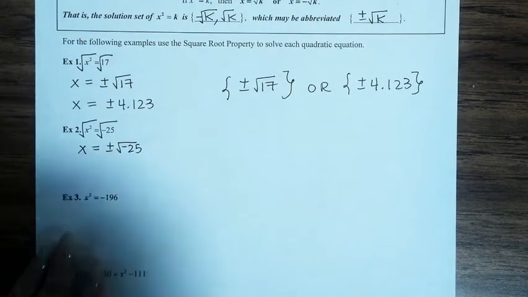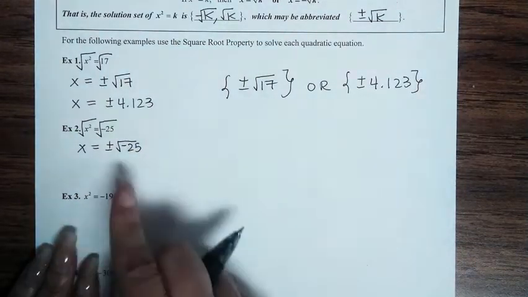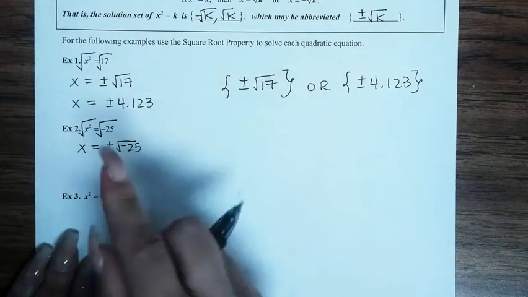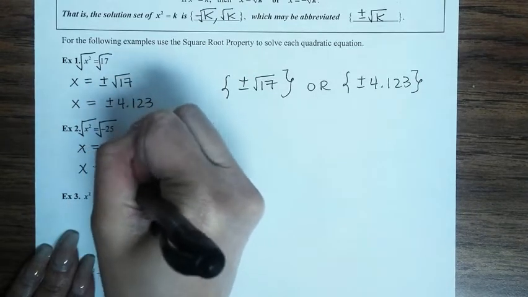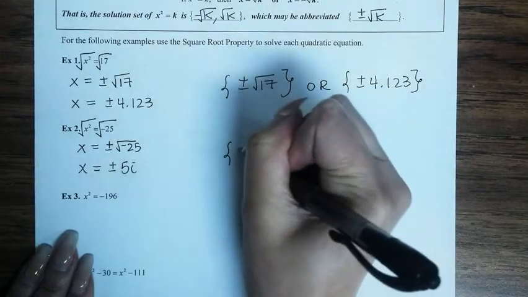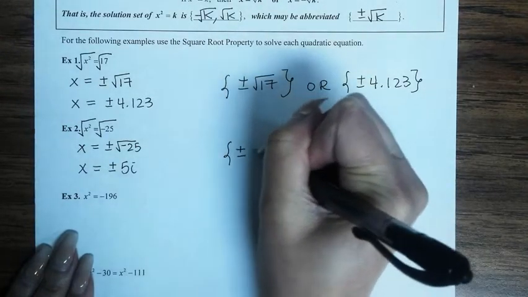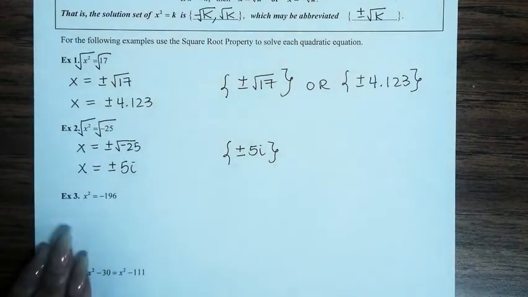Here you need to remember, we have a negative, which means the i will appear, and the square root of 25 is 5. Therefore, x is going to be equal to plus or minus 5i. That's going to be your answer.